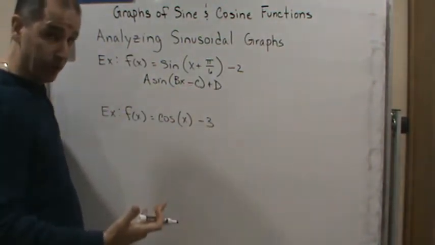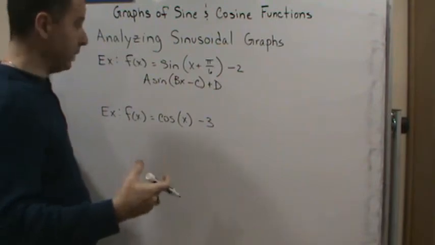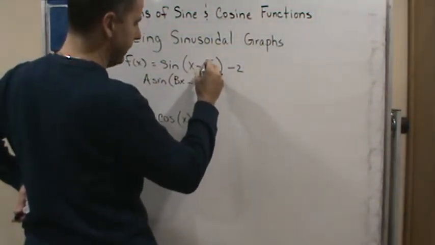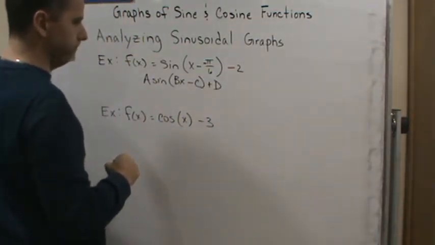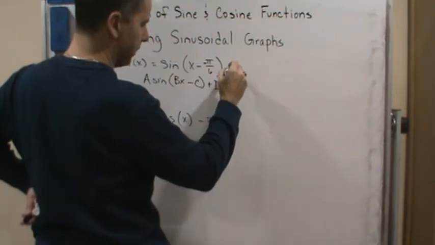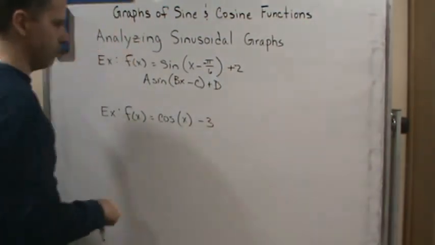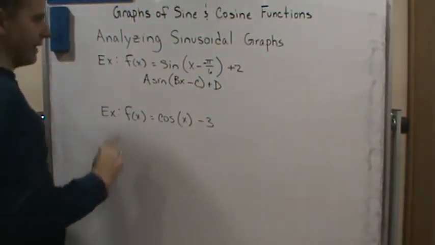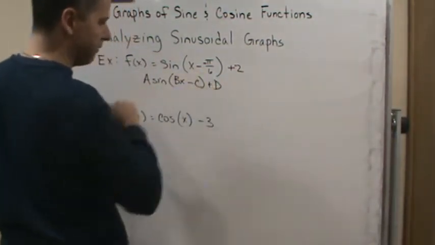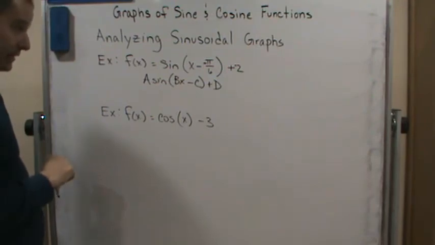It makes it easier to see what the numbers mean. So I would write this as minus a negative, right? And since this is plus, I want this to be a plus, so this is going to be plus minus, right? So that tells me that d is negative 2 and c is negative pi over 6.